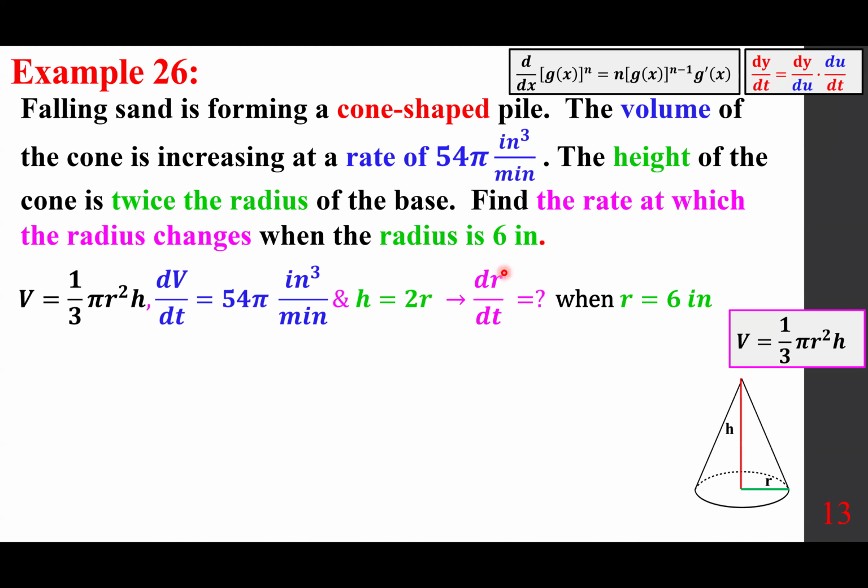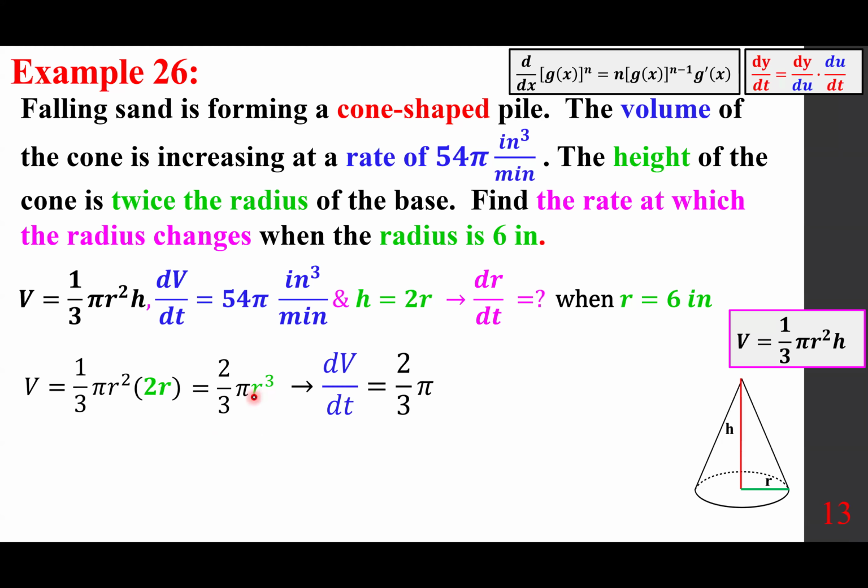And because we want dr/dt, we make it a function of r by replacing the h with 2r. And this obviously is 2/3 pi r cubed. And now the volume is a function of one variable r. We are going to go with dV/dt, and 2/3 pi is just a number and a coefficient and remains.